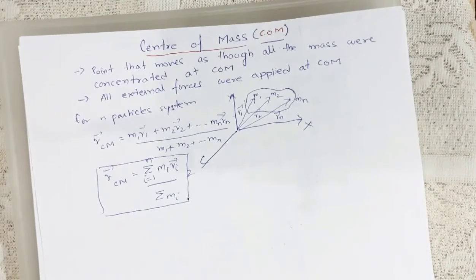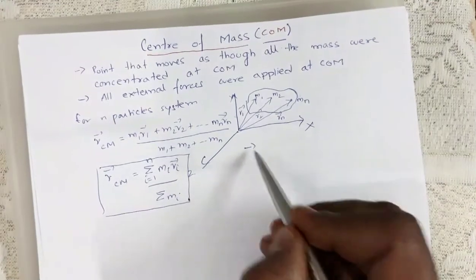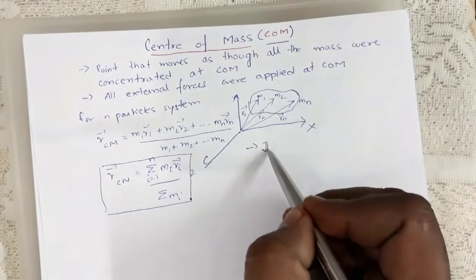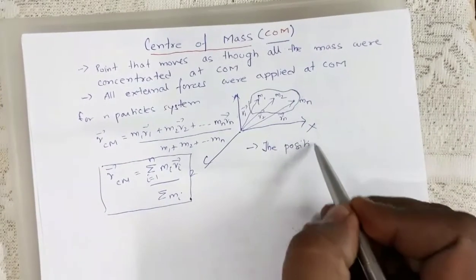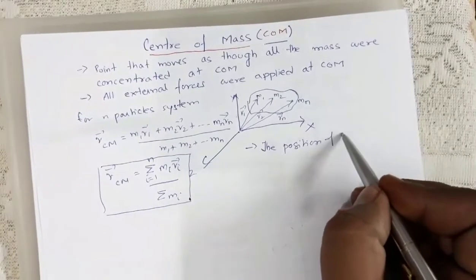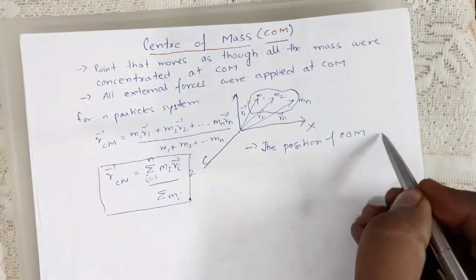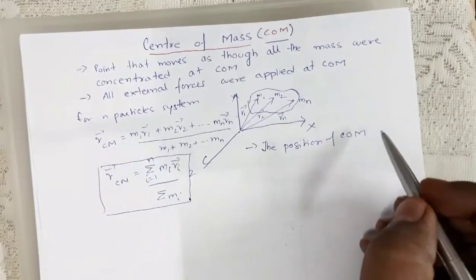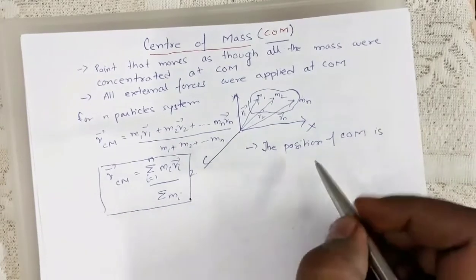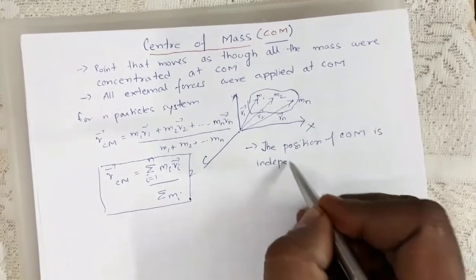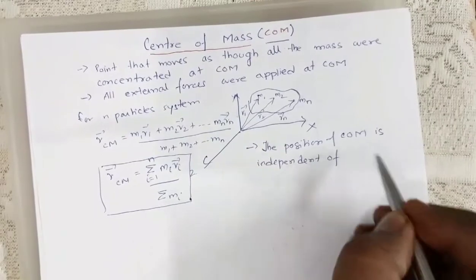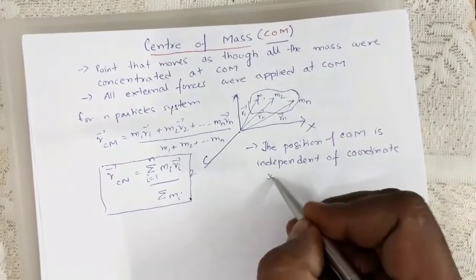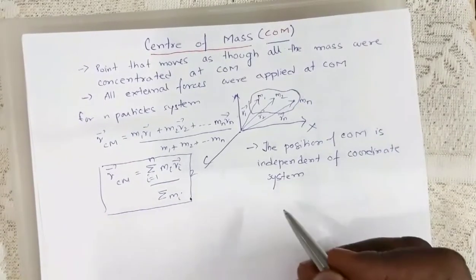Now two things to be observed. First thing is, the position of center of mass, COM, is independent of coordinate system. Even if I change the coordinate system, the position of center of mass will remain the same.